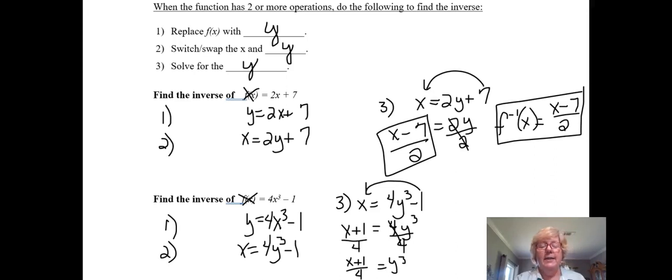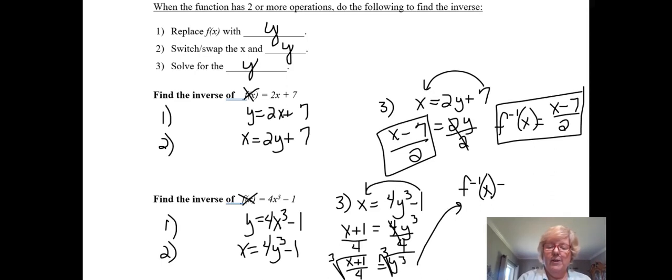Then last but not least, the opposite of exponent 3 is radical 3, or cube root. So we would say that the inverse function is the cube root of x plus 1 over 4.